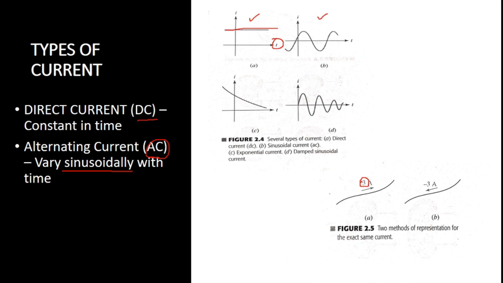Only if both the direction and value are present is it the correct representation. If either of them is not present, that is wrong. That cannot be considered a valid current source. So for representing currents, two terms have to be present: the arrow mark, which represents the direction of current flow, and a plus sign or a minus sign depending on the value of the current there.